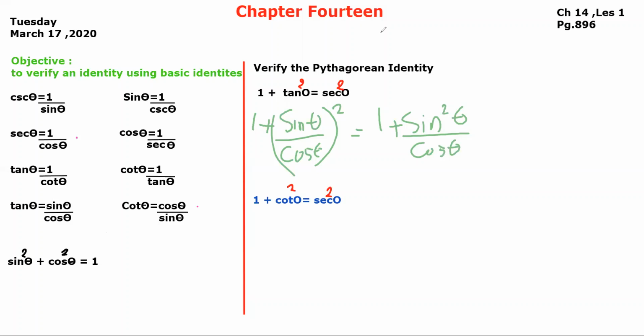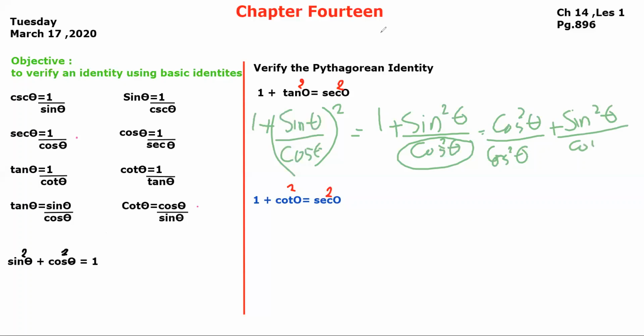Then, I want to find the like denominators. So the 1 here, since the denominator is cosine squared, I can write it as cosine squared of theta over cosine squared of theta, plus sine squared over cosine squared.